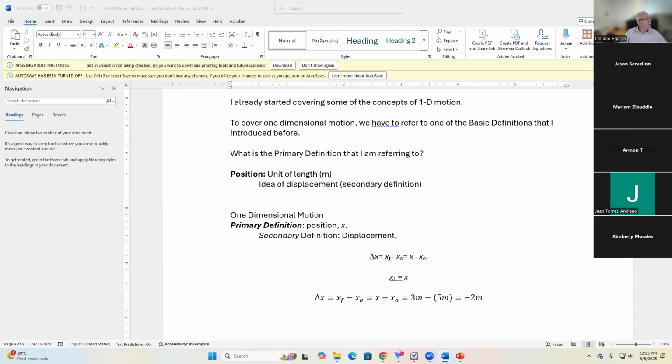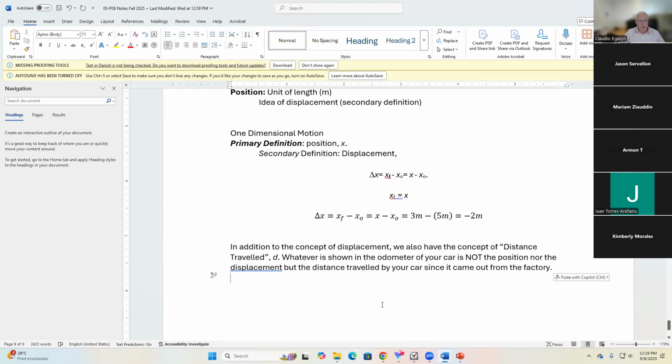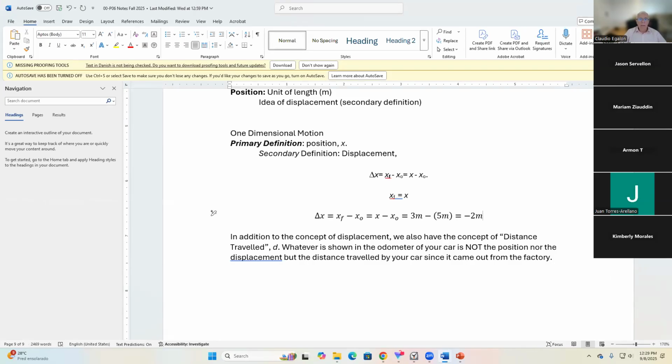It's fixed by itself. Okay, so just for completeness, I'm going to repeat what I did before, right? In addition to the concept of displacement, we also have the idea of distance traveled, D. Whatever is shown in the odometer of your car is not the position nor the displacement, but the distance traveled by your car since it came from the factory. Okay?